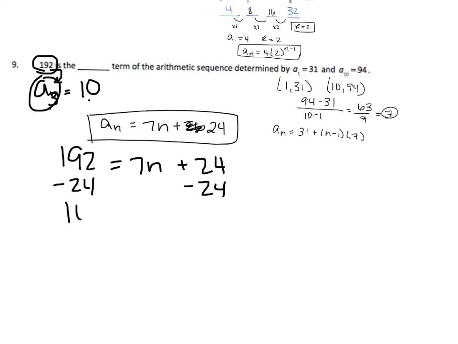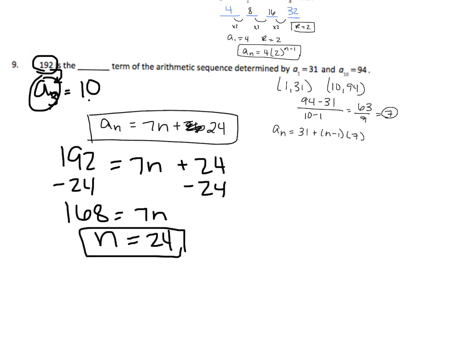That gives me 168. I'm going to divide by 7. So what this tells me is that a sub 24 equals 192. The 24th term is 192.